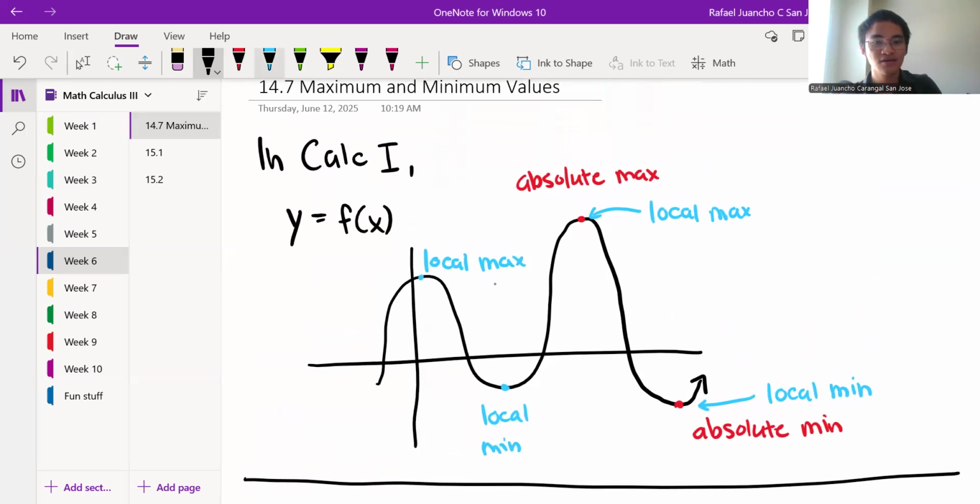How can we make use of derivatives? Well, when we take the derivative of something at a point, we get its tangent line at that point, right? We get the slope. But what if we get the local max or the local min? Well, what do we notice?